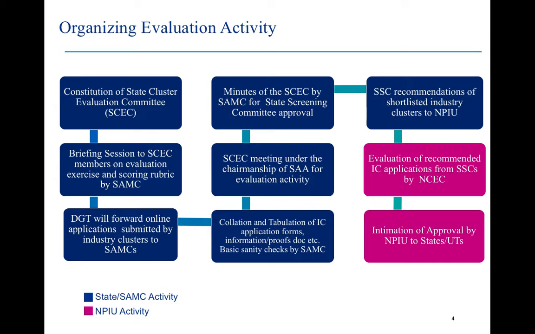So this is in totality the evaluation activity. What is most important in this entire activity is two things: one, the briefing and training session by the SAMC for the State Cluster Evaluation Committee members, and second, the collation and tabularization of all the critical information.